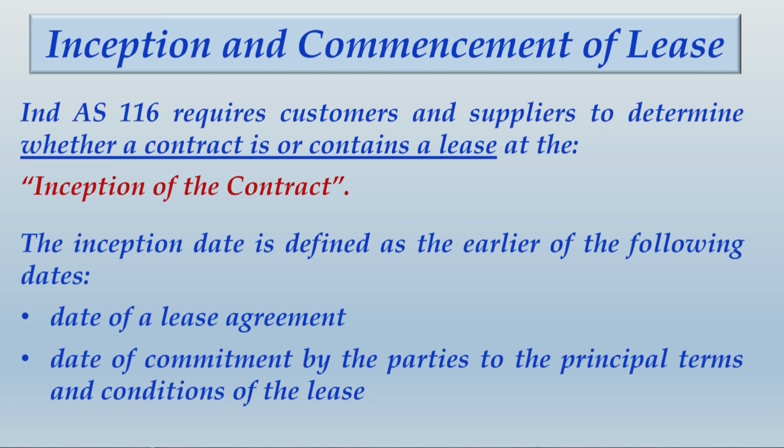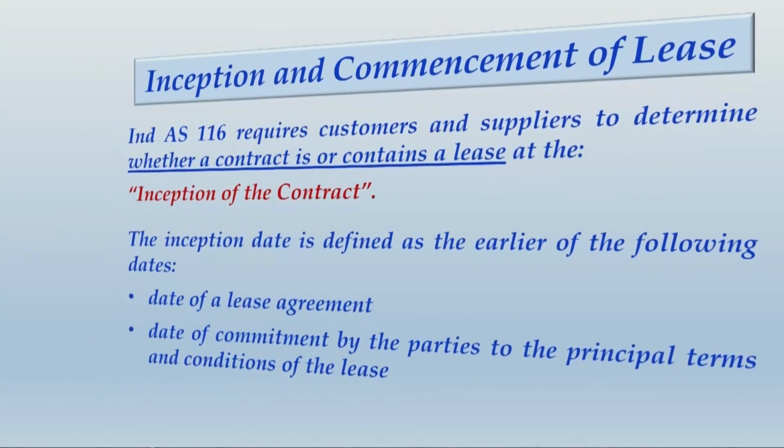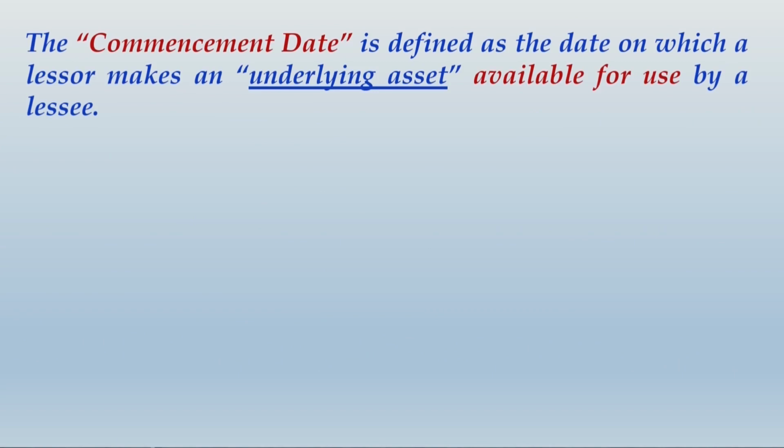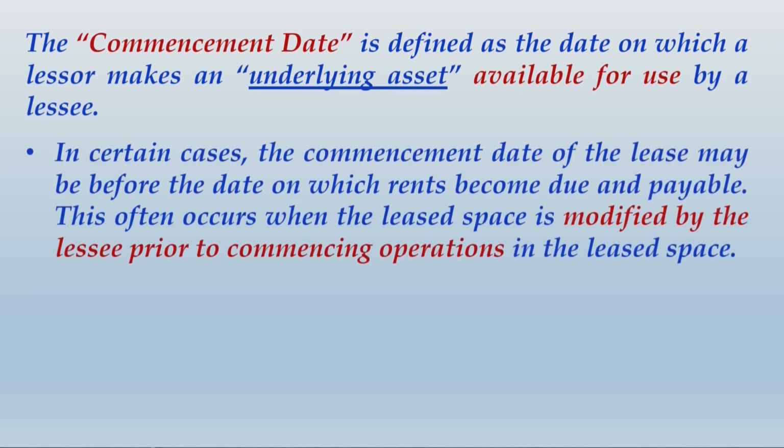Alright friends, you would have finished writing this whole thing about inception of the contract. Now let us write something about commencement of the lease, what we have already discussed just now. So the commencement date is defined as the date on which lessor makes an underlying asset available for use by a lessee. In certain cases, the commencement date of the lease may be before the date on which the rents become due and payable.